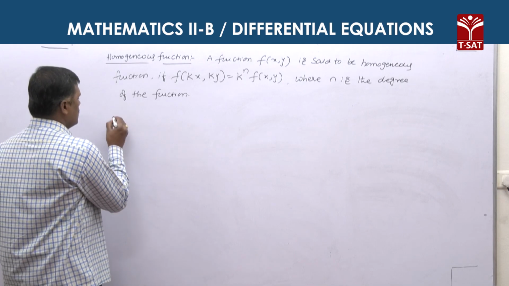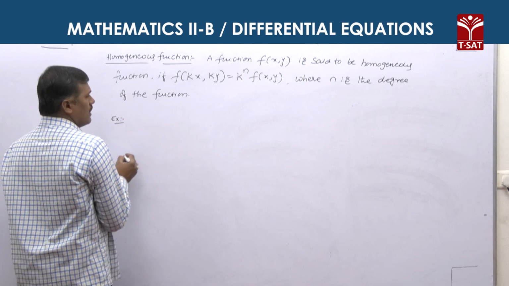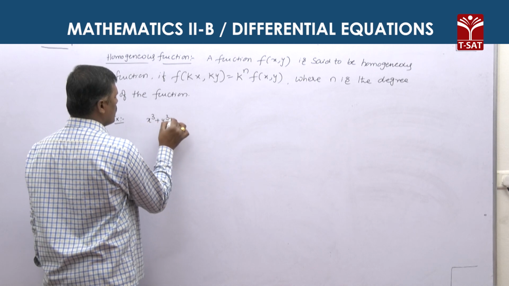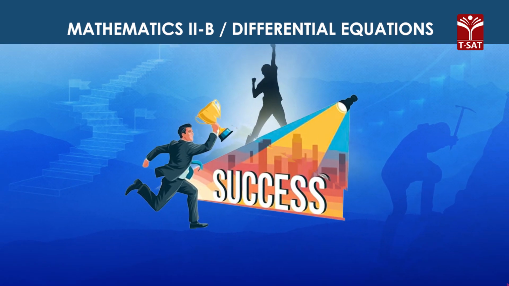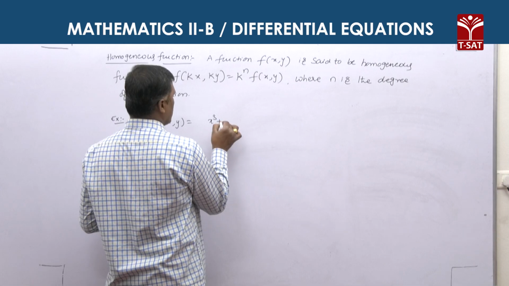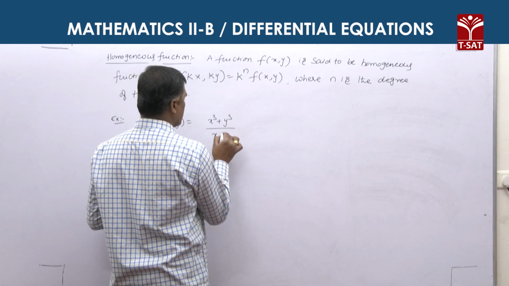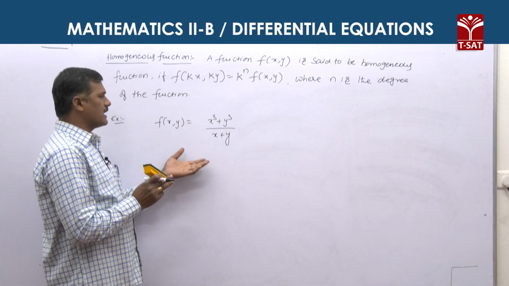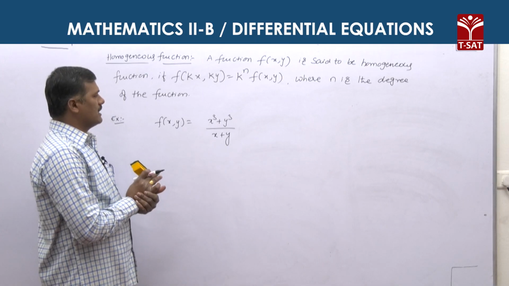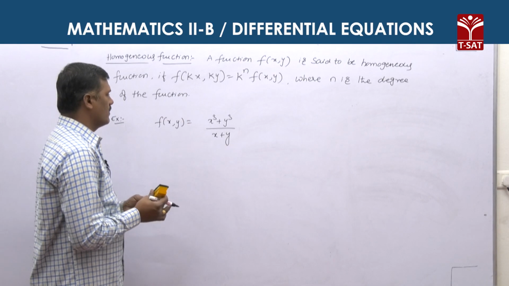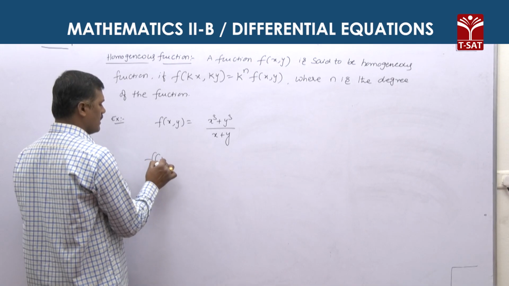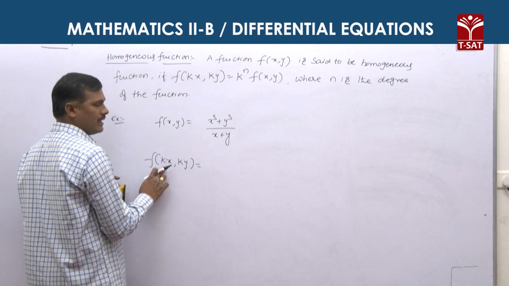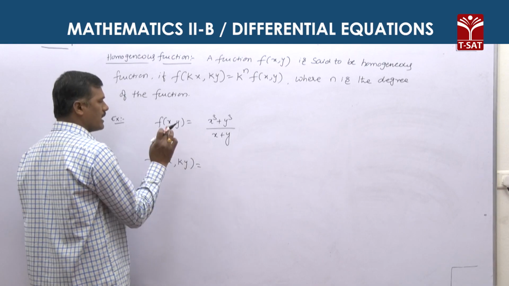Take one example. Small example: f of x comma y is equal to x cube plus y cube by x plus y. This is the given function. This function is said to be a homogeneous function if it satisfies the above condition. f of kx comma ky is equal to, replace x by kx, y by ky.